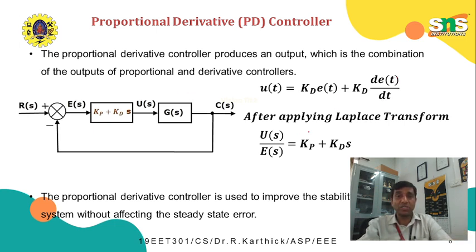Kp is the proportional gain and Kd is the derivative gain. As I already told you, the derivative controller anticipates the error, thereby improving the stability of the system, whereas the proportional controller has very high tracking accuracy. So both advantages are made use of in the proportional derivative controller.